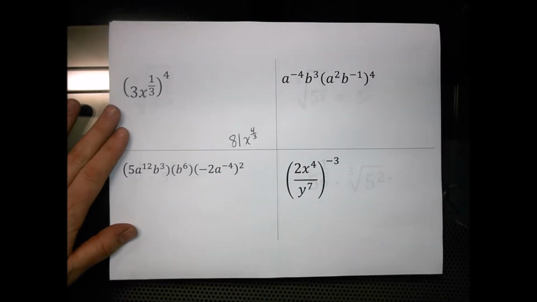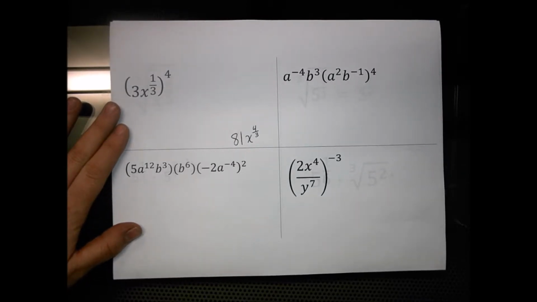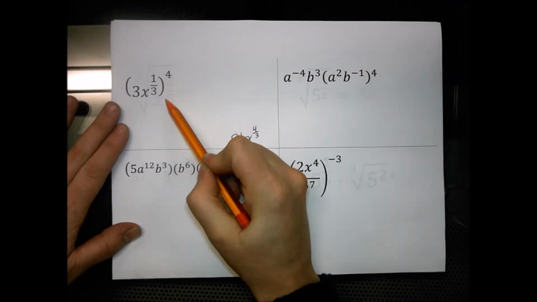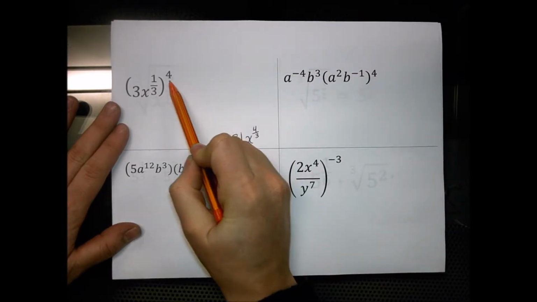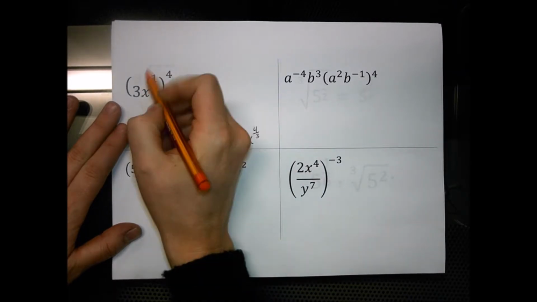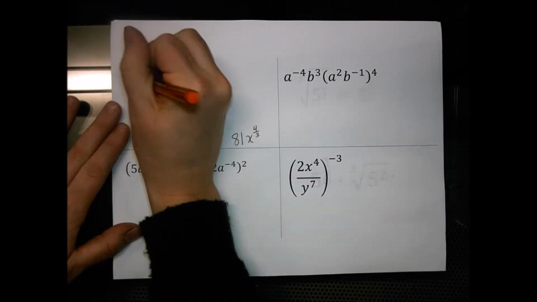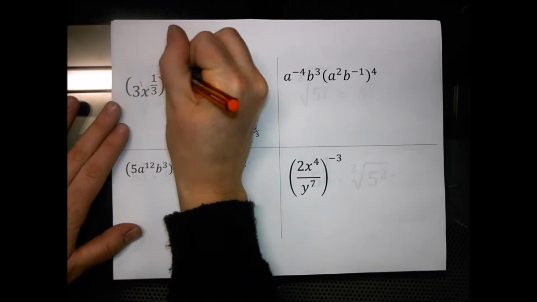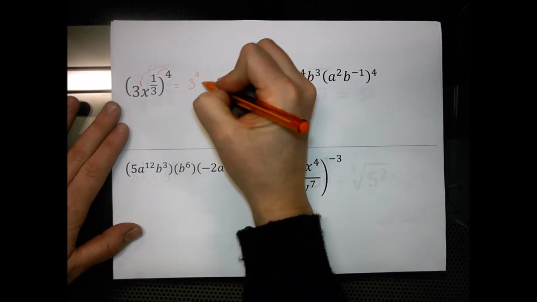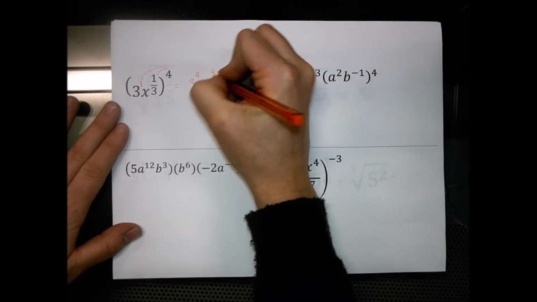So 81 and x to the 4/3. Very first thing you need to do: I have an exponent outside the parentheses, which means I multiply it or distribute it to every other exponent. Don't forget, if it's not written, what is my exponent? 1. Very good. So then you multiply. That gives me 3 to the 4th, and x to the 1/3 times 4 is 4/3.